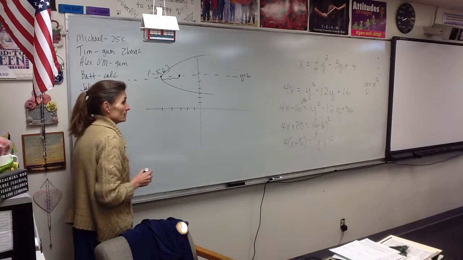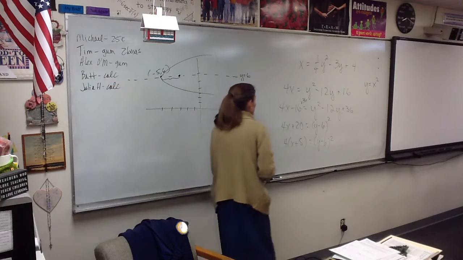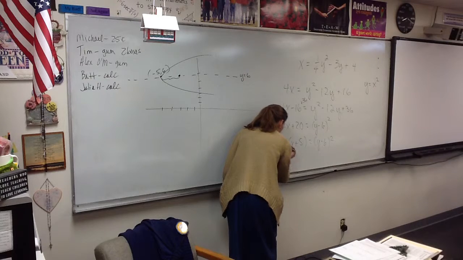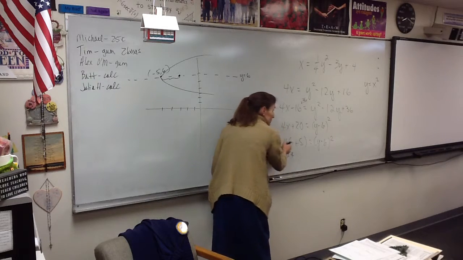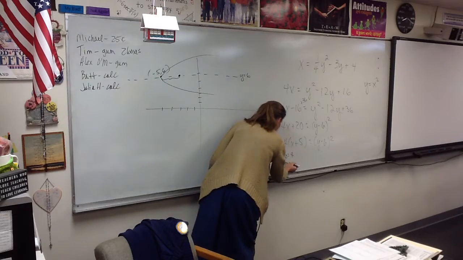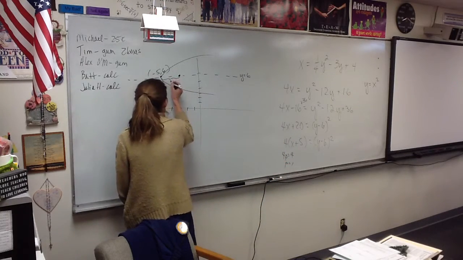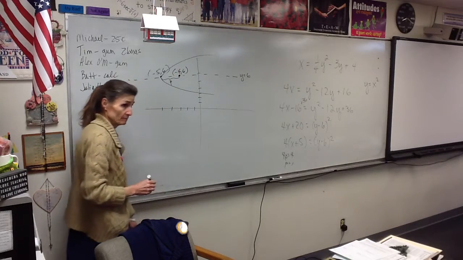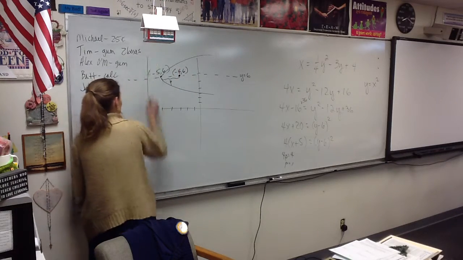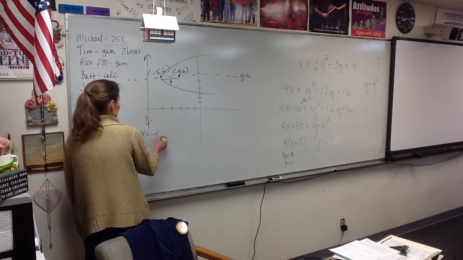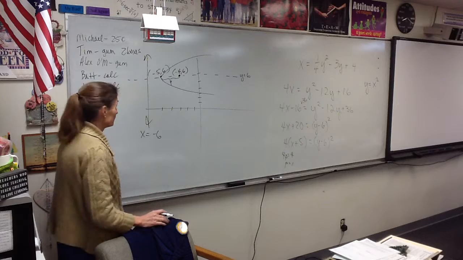In every parabola, if you put it in this form, this number right here is 4p. So for us, p is 1. This distance is p. It's 1, so the focus is at -4, 6. And the directrix is backwards 1. It would be at x equals -6.